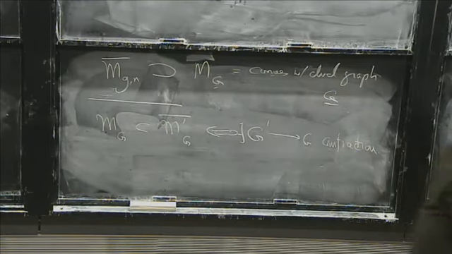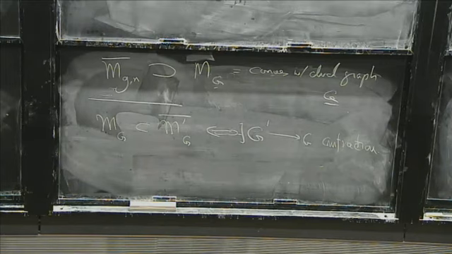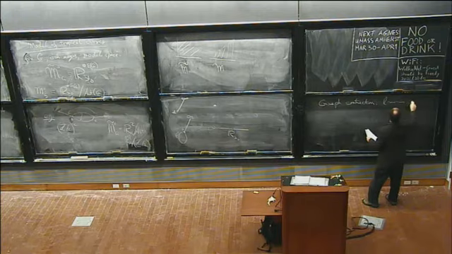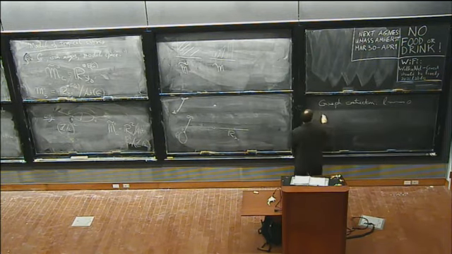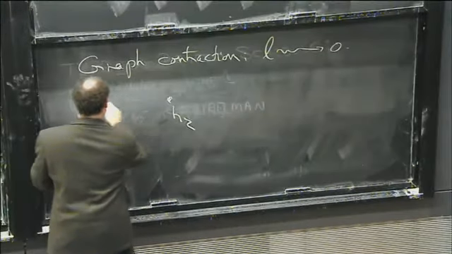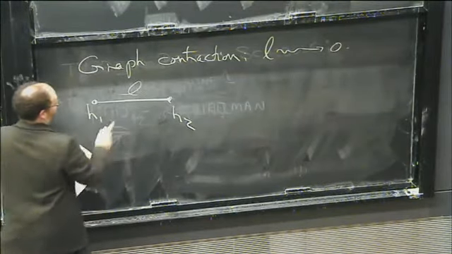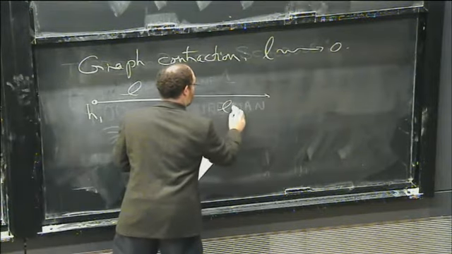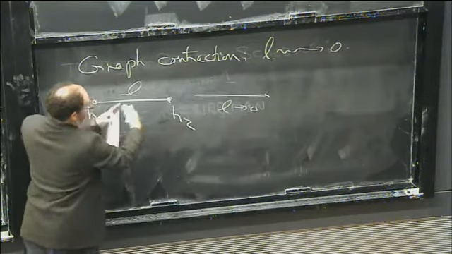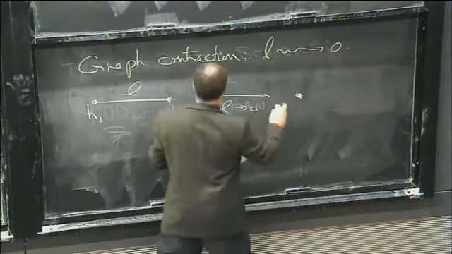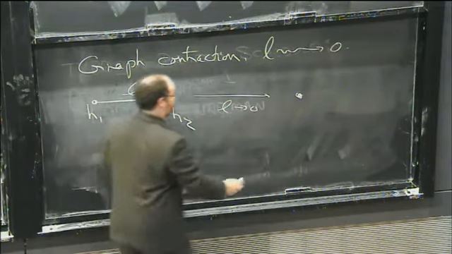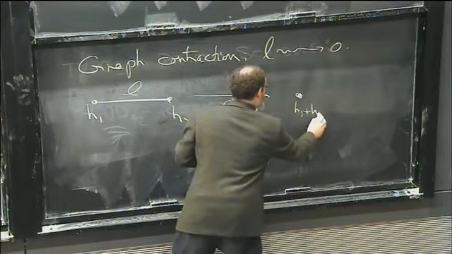So let me just say what that is. A graph contraction is, maybe the easiest thing to say, what happens when you have a metrized graph and you let the length go to 0. Here's one example of a graph. If you let the L go to 0, this edge will contract to something that has just one vertex, and you add the two weights.